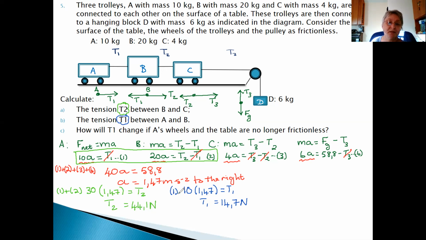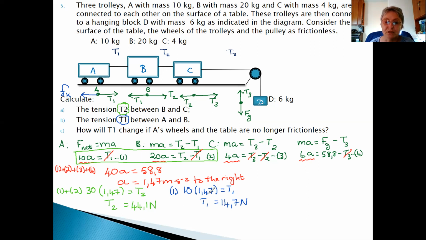Now, number C, they want us to say how will tension 1 change if A's wheels and the table are no longer frictionless. Now, if that happens, the acceleration would be less, because the friction would be in the opposite direction. So the acceleration will decrease.